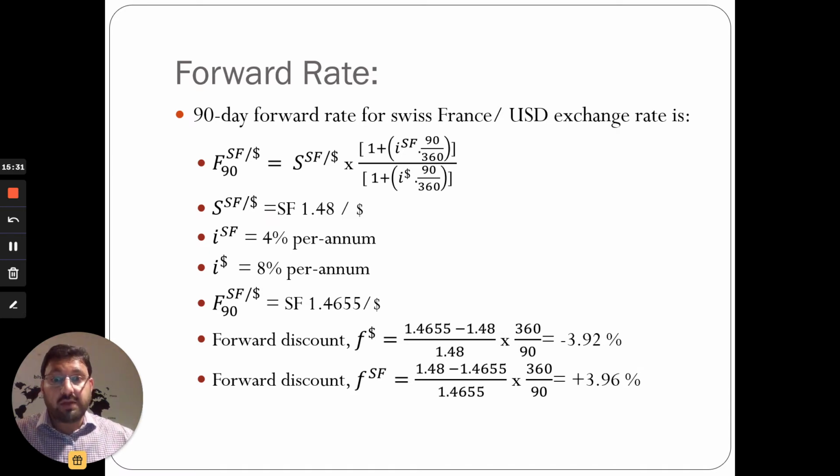But today when we are calculating it, it is actually the forward rate, because if I want to go into a transaction where I want to buy, say, the Swiss franc by paying US dollars but after 90 days, because I want to hedge my risk, then I need to lock my position using this forward rate.